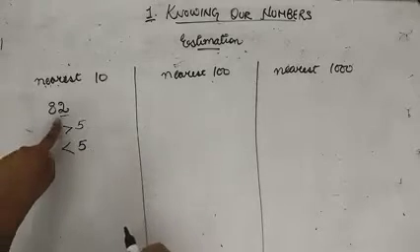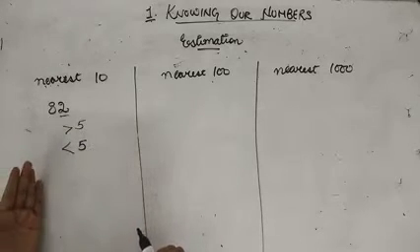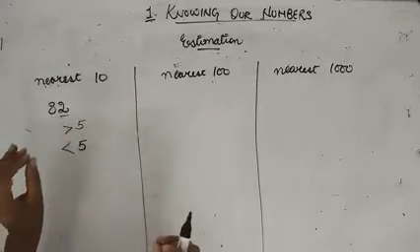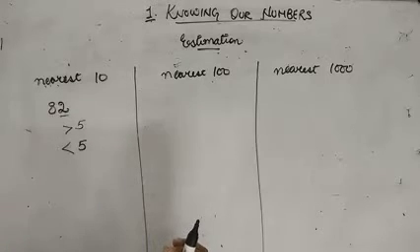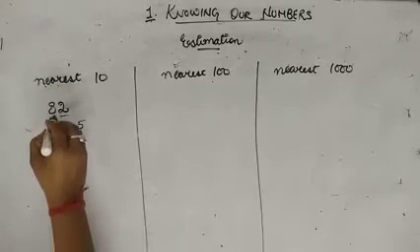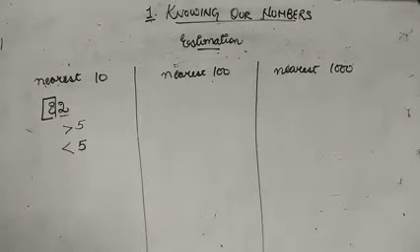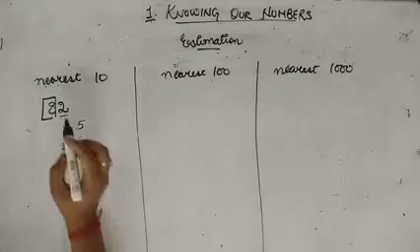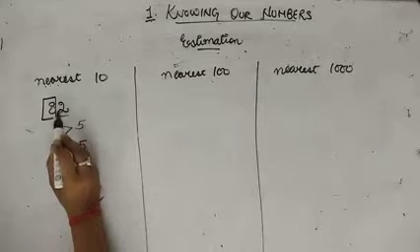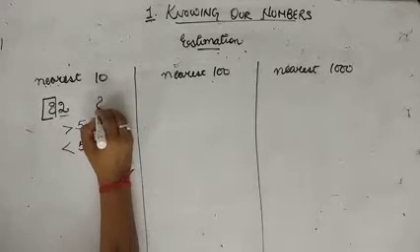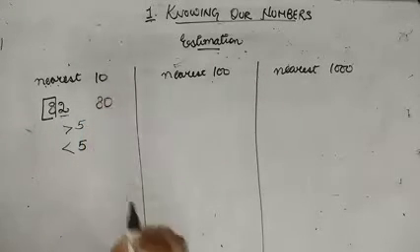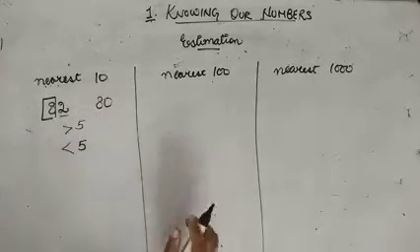If this digit is less than 5, which is 2 is less than 5, so what will happen is this digit at tens place will remain same and this 2 will become 0. 8 will remain same and this 2 will become 0.